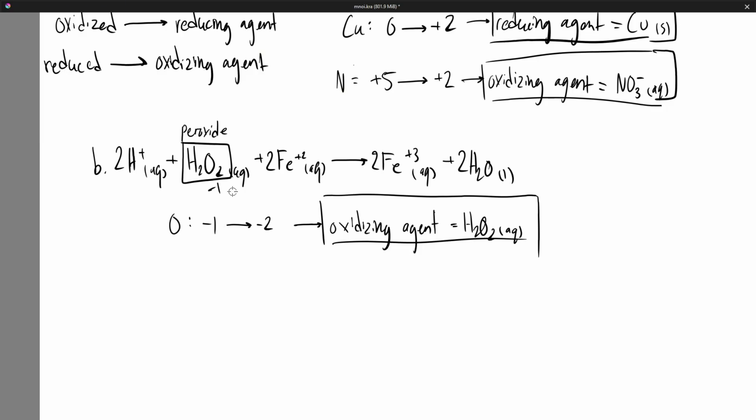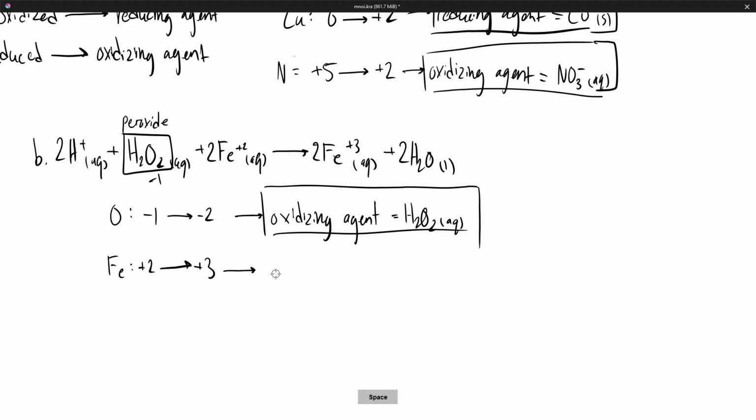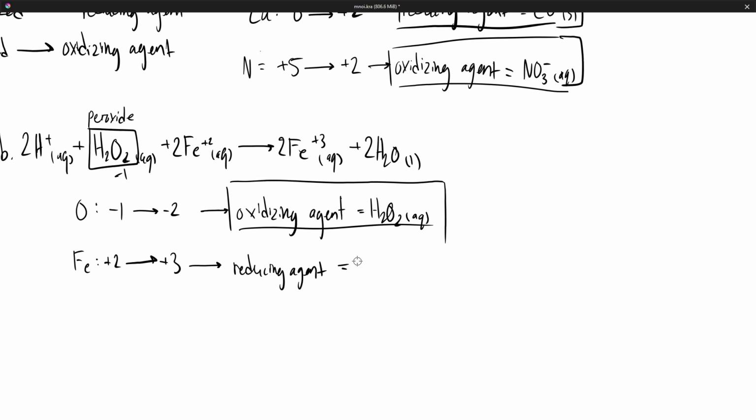Okay, now look at iron. It's going from a +2 to a +3. So it's being oxidized, it's the reducing agent. And for this one, you include the charge of the original species you're looking at.